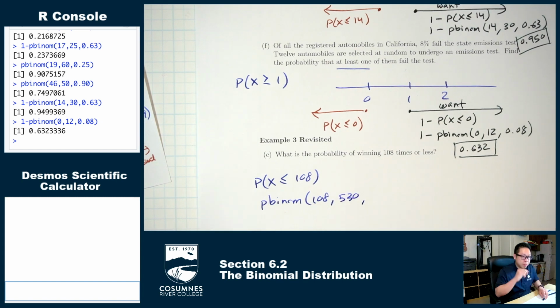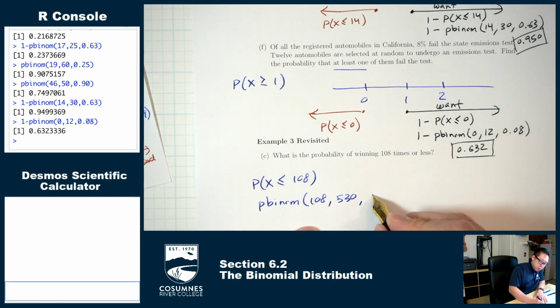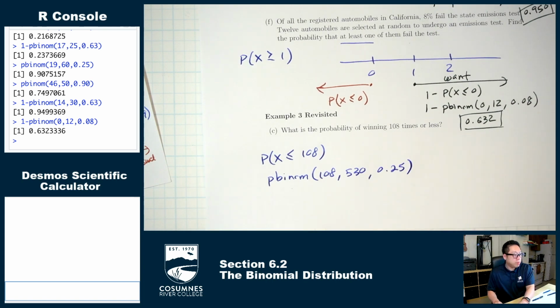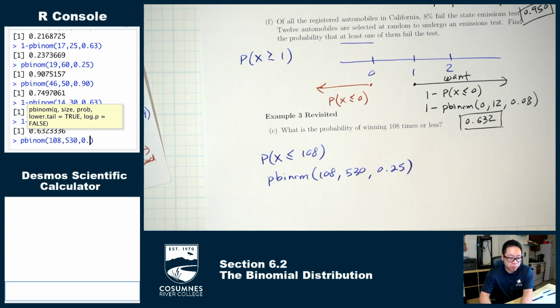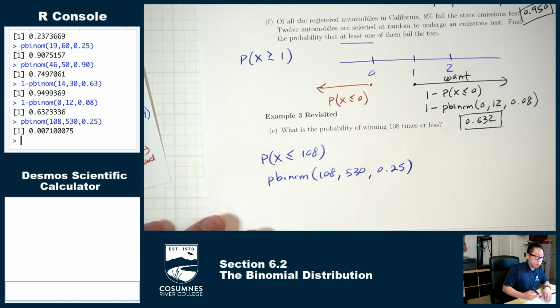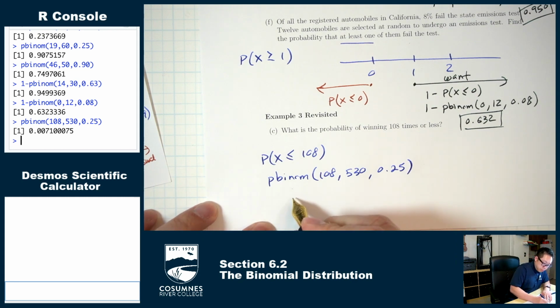And then probability of success. So McDonald's is saying that the probability of winning was 25%, so it was 0.25. And let's see what this is. P-binom, 108, 530, 0.25. And rounded to 3 decimal places, this is 0.007.